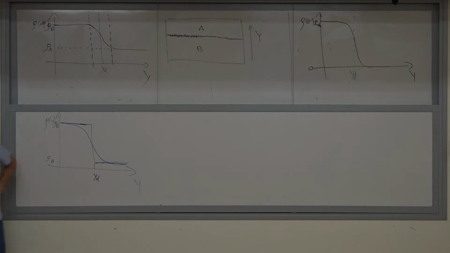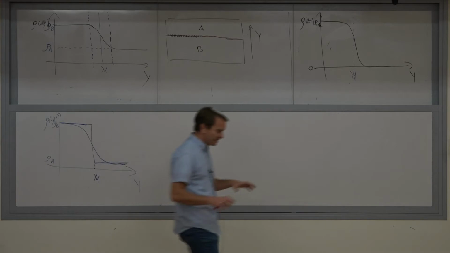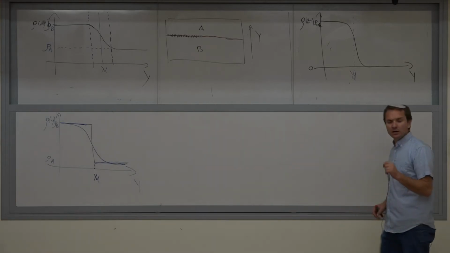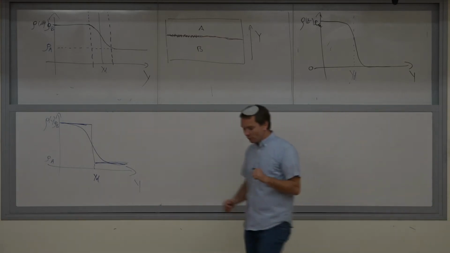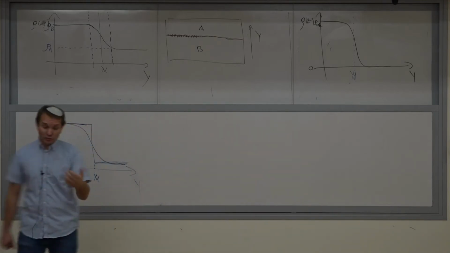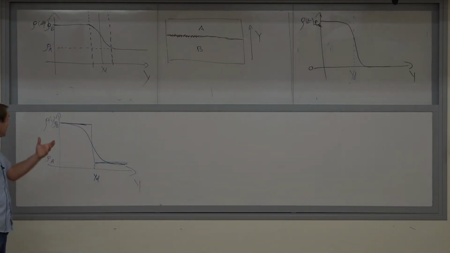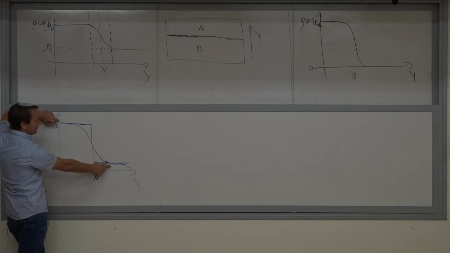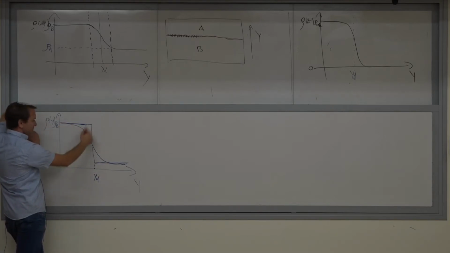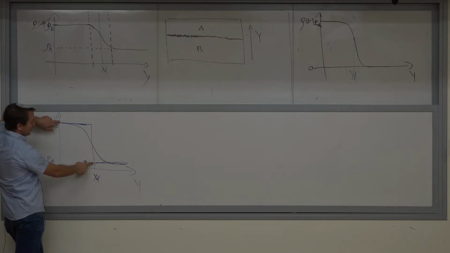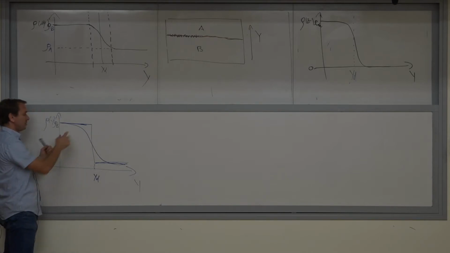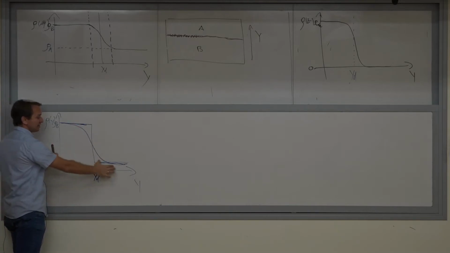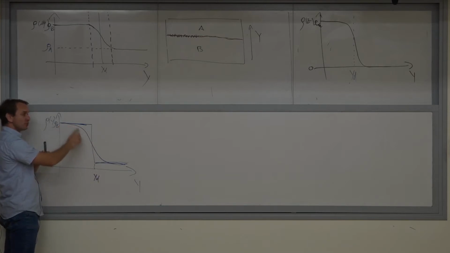So you remember how I constructed the Maxwell construction? I said the integral over p dv was equal to the area under the rectangle. This is exactly the same thing that I want to state here. The area under this hypothetical profile, the area over here plus the area over there, should be equal to the total area under the real profile.